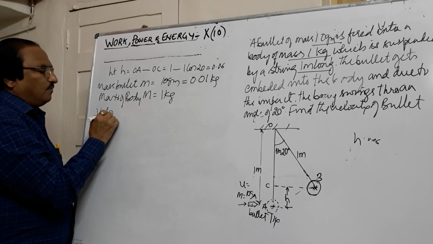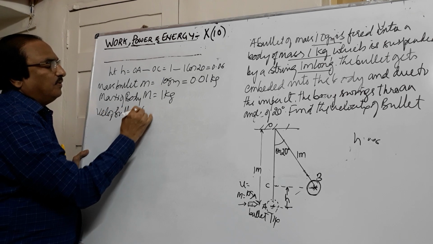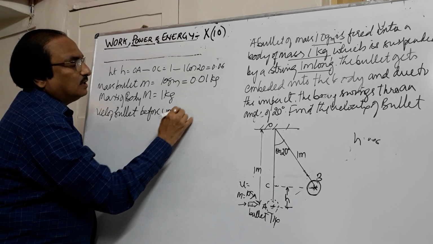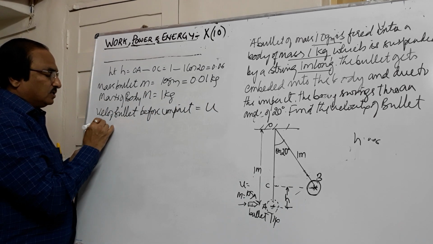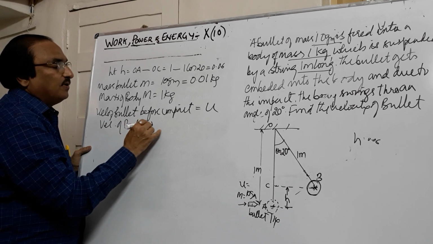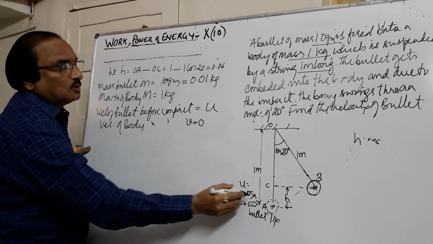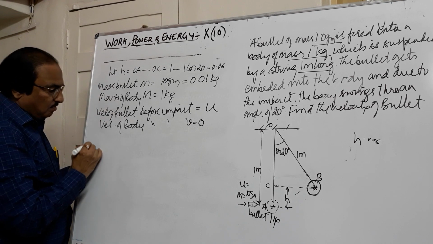The velocity of the bullet before impact, if I take it as u. The velocity of the body before impact, if I call it small v, will be equal to 0 because the body is stationary.